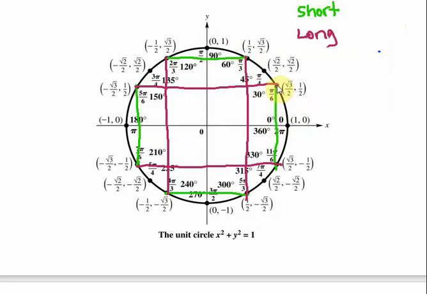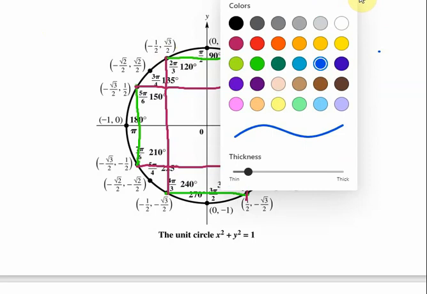So if we look at the lengths of our sections, if you'll notice, all of our sixths have these two lengths. For the short guys, that would be the distances that measure 1/2.